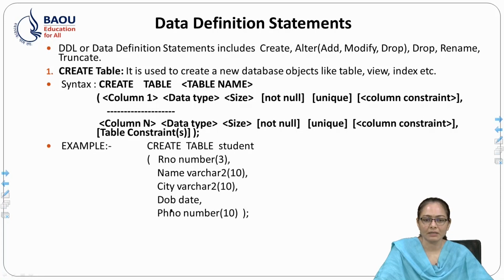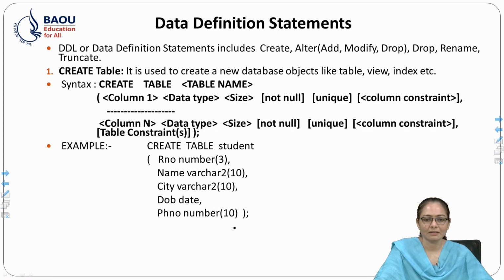Now DOB is the date of birth column and it is used to store date type data. So the data type is date. Now the phone number column is used to store numeric data. So the data type of phone number is number, and in the bracket, 10 is the size of the phone number.